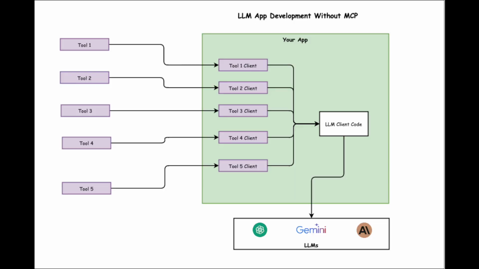So imagine the LLM development workflow today. If you are going to use a number of tools in your LLM client code, this is what you would do. You have your LLM client code, which talks to your tools via client code that you write. If you're using frameworks like LangChain, you would write code to consume your tools inside your LLM client code.